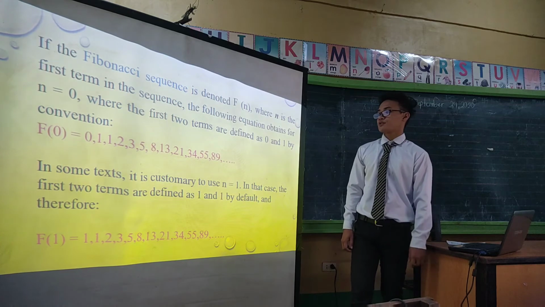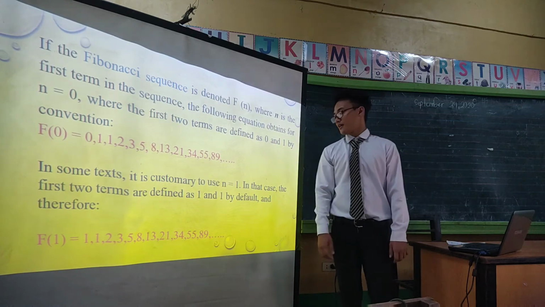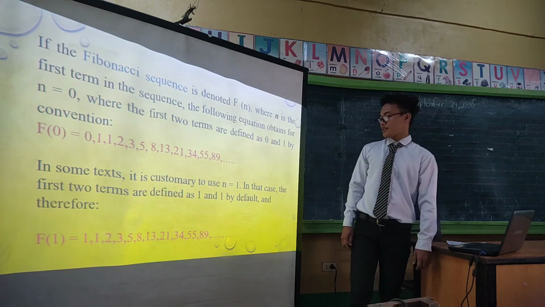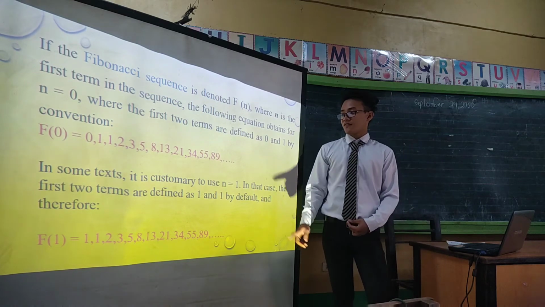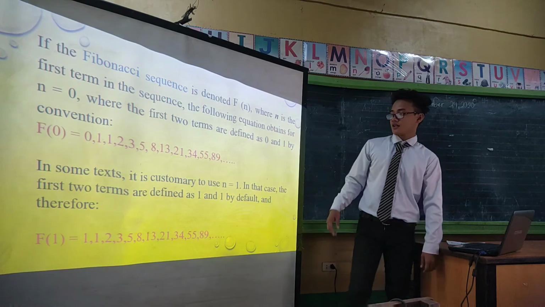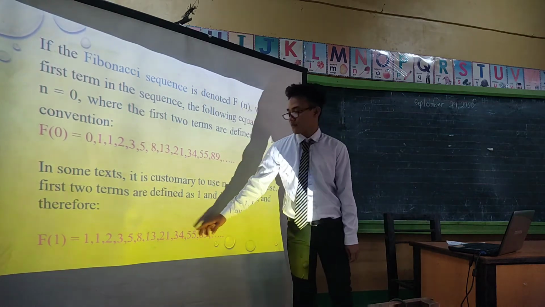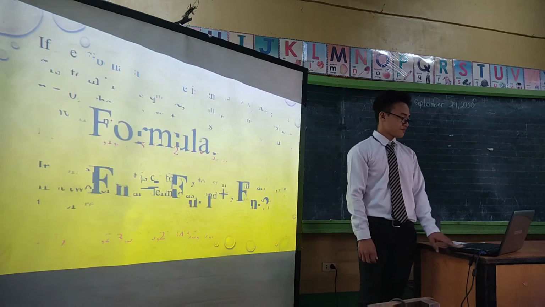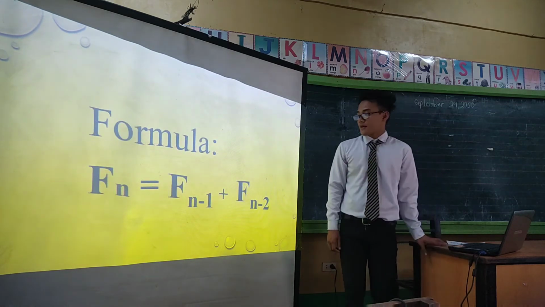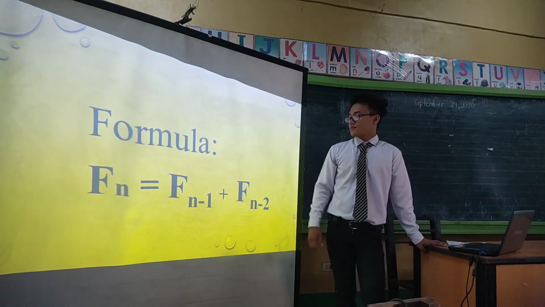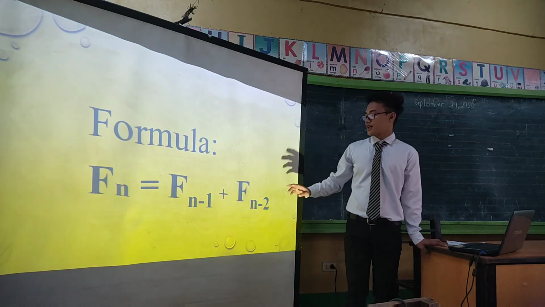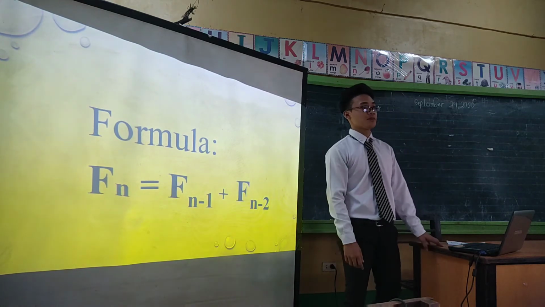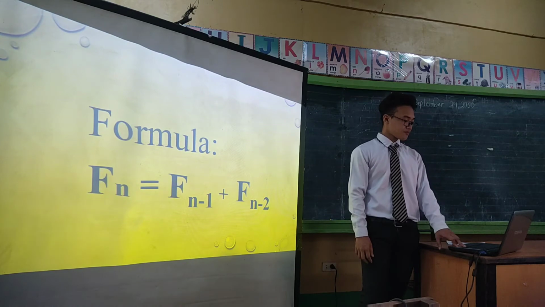In that case, the first two terms are defined as 1 followed by 1 by default, and therefore F is equal to 1, 1, 2, 3, 5, 8, and so on. Here's the formula of the Fibonacci sequence. F sub n is equal to F sub n minus 1 plus F sub n minus 2. Remember it, guys.